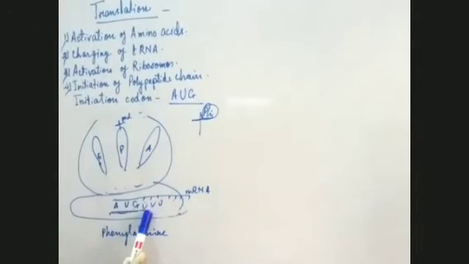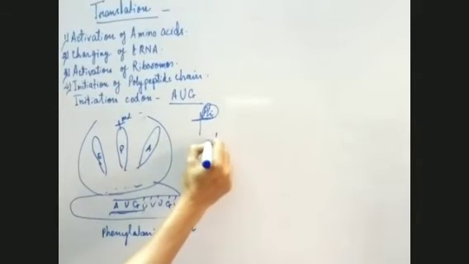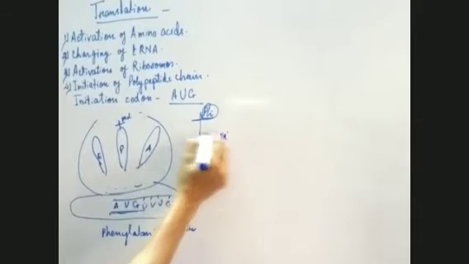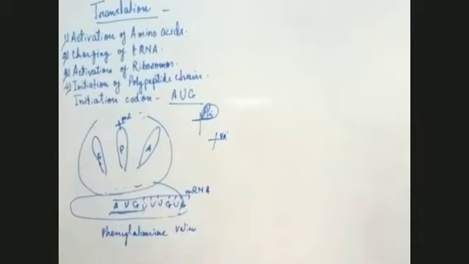Suppose we have here GUG, it codes for valine. So the transfer RNA which brings valine will be accepted by the A site. So the rest are all accepted by the A site.